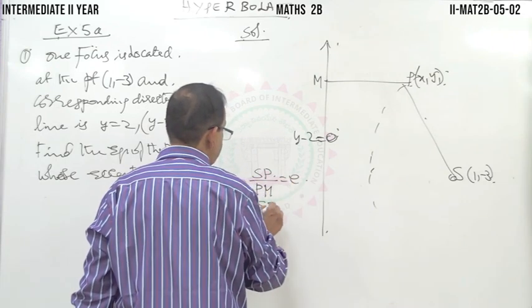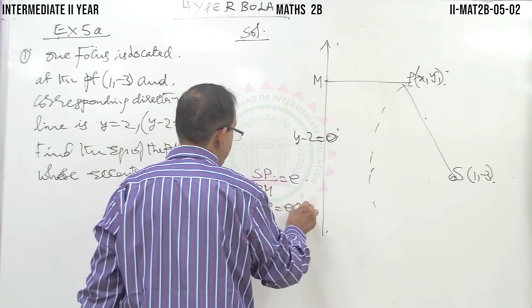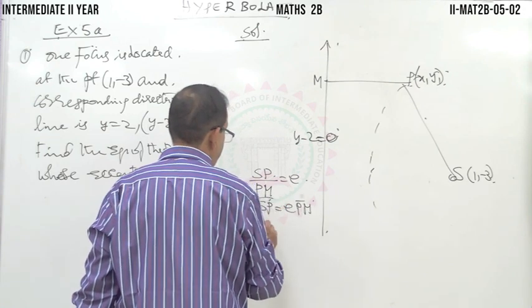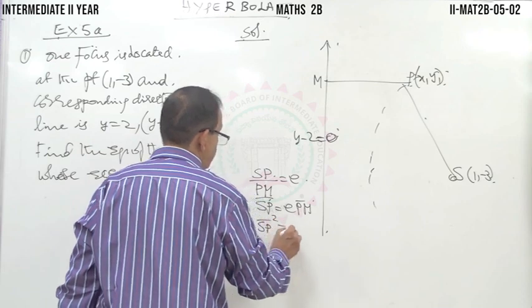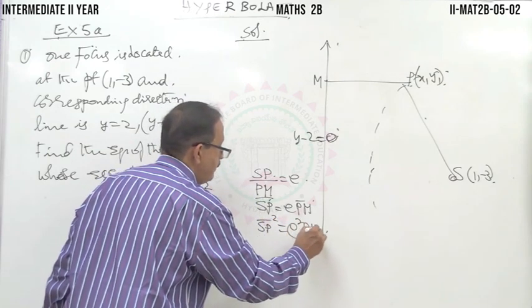So SP is equal to E into PM, and SP square is equal to E square PM square.